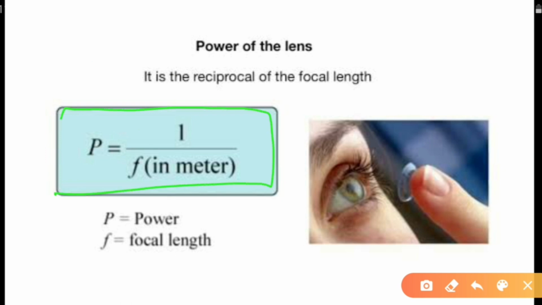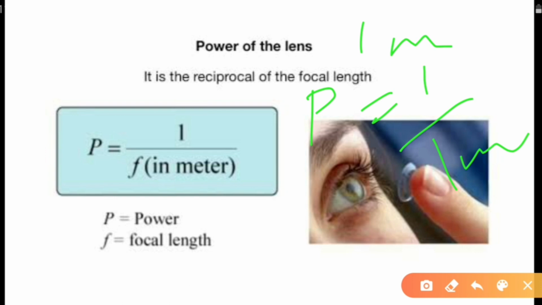But focal length must always be in meters. The unit that will be used in order to calculate the power of a lens for a focal length will be meter only. So if the focal length of any spherical lens is, say, 1 meter, then what will be the power of that spherical lens? It will be P is equal to 1 upon 1 meter.